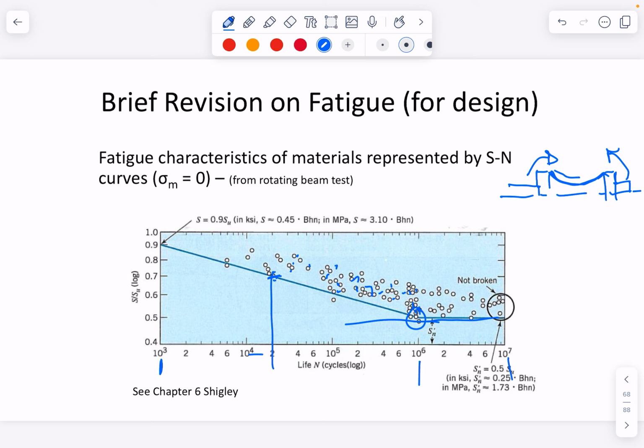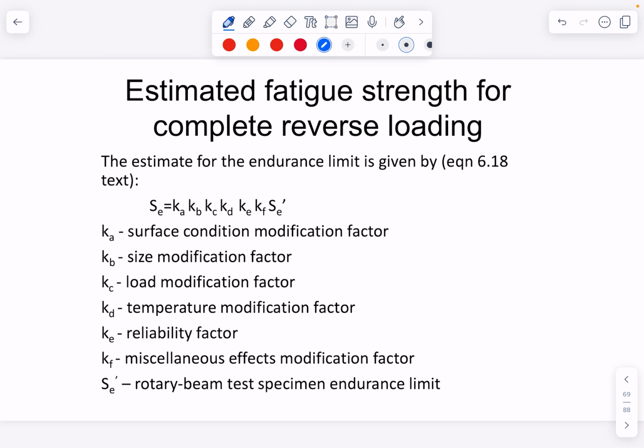Now this surface is super well made and polished, so it's a perfect specimen, if you like, which means of course we need to make modifications to make it useful for less than perfect conditions.